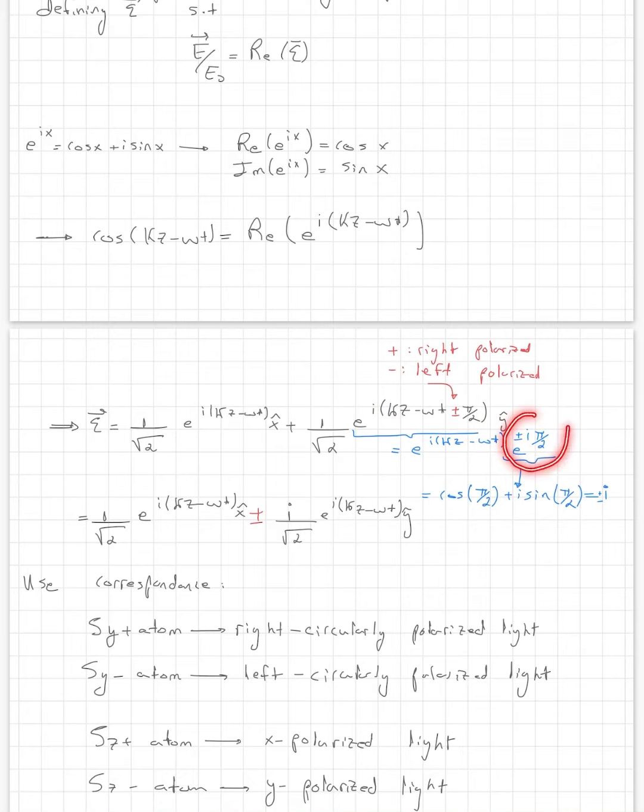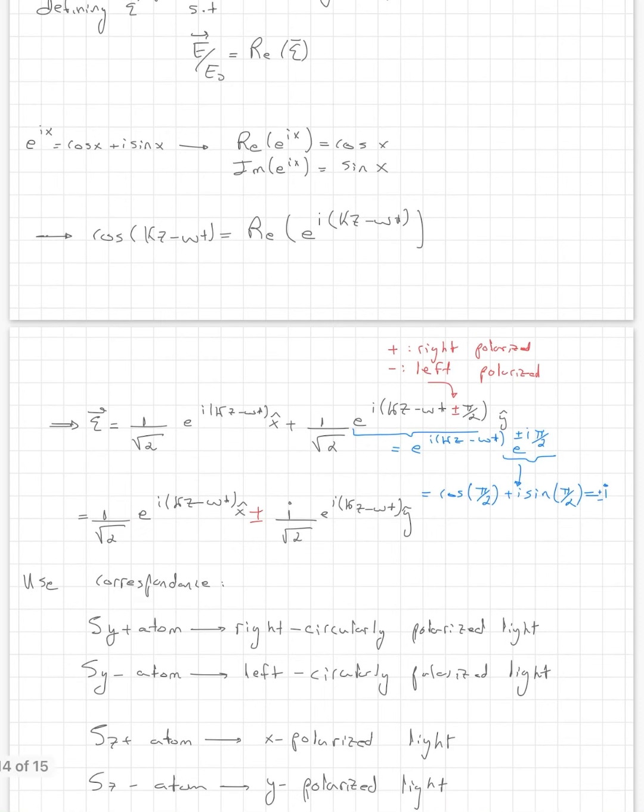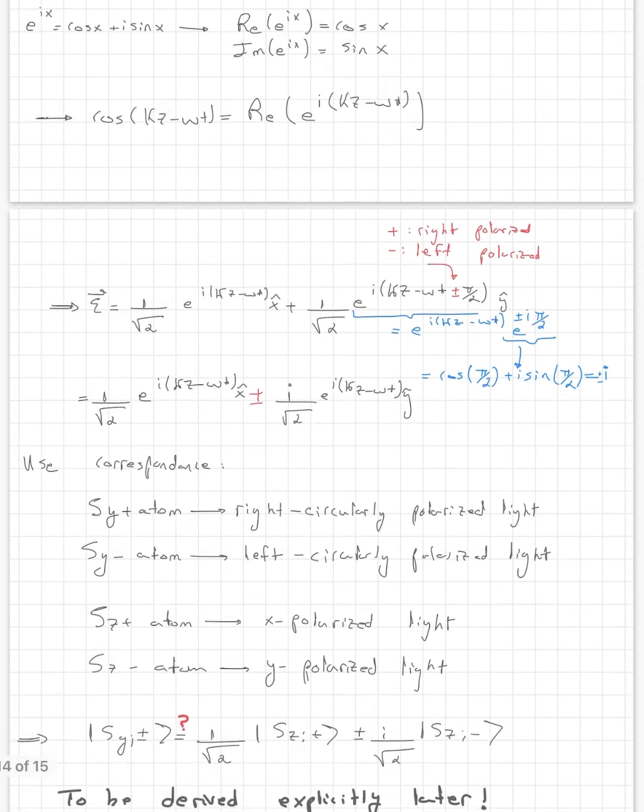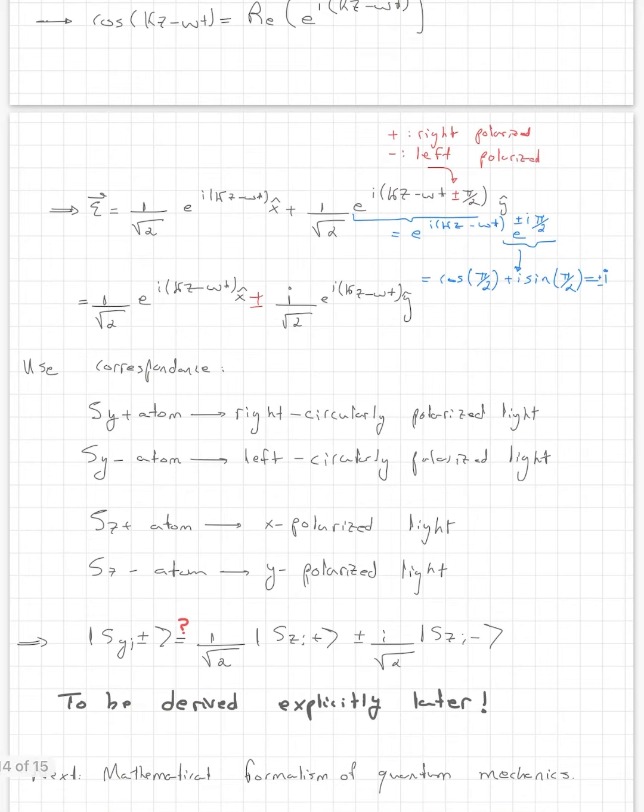And then we can use the fact that e to the plus or minus i pi over 2 is equal to plus or minus i, where I have again just used Euler's formula. So this gives us that the right and left polarized lights are represented by 1 over square root of 2 e to the i(kz minus omega t) in the x direction, plus or minus i over square root of 2 e to the i(kz minus omega t) in the y direction.